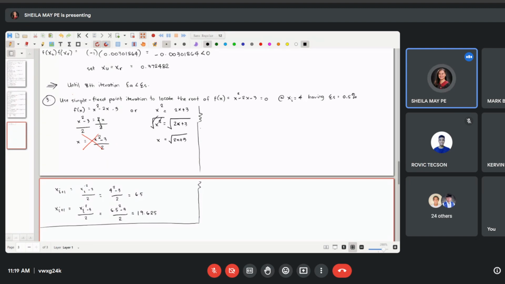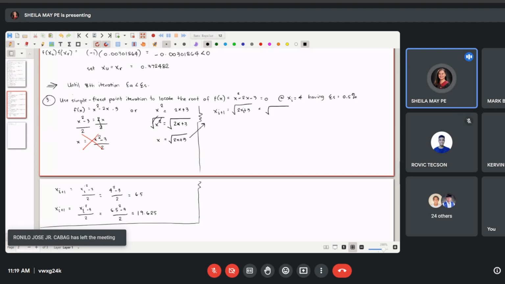Okay. Let's try this one. So this will become square root of 2 times 4 plus 3. 2 times 4 is 8 plus 3, that's 11. Square root of 11.